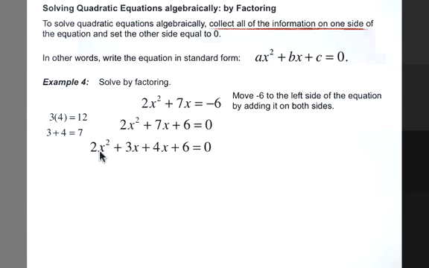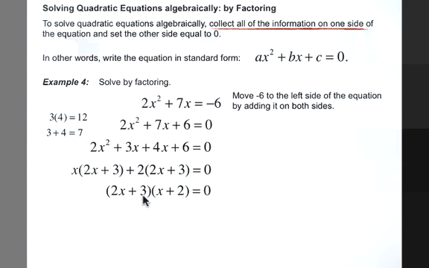So 2x squared plus 3x plus 4x plus 6 is equal to 0. So we factor x out of 2x squared and 3x, which gives us 2x plus 3. And we factor 2 out of the second two terms, so we have 2 times 2x plus 3.